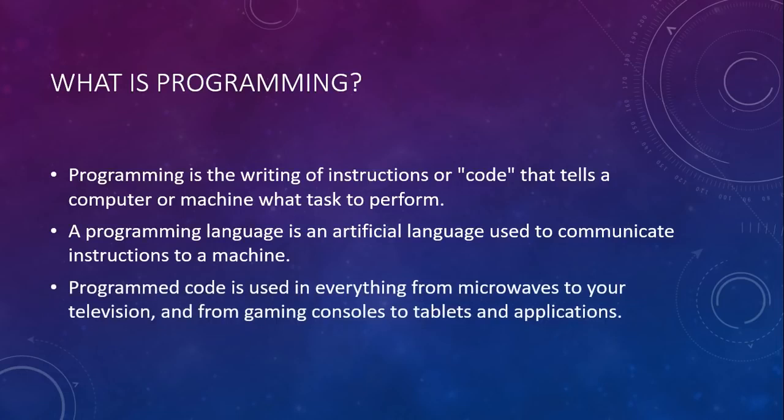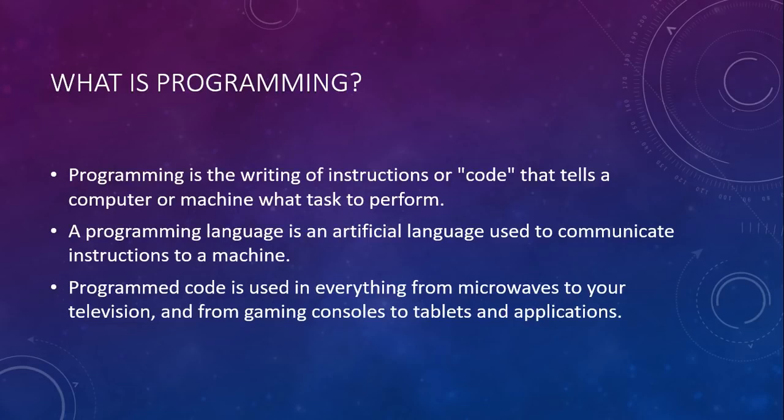Now, program code is used in everything from your microwave to your television, from gaming consoles like your Xbox, PS4, etc., to tablets and applications. So programming is very widespread. It's not simply limited to, hey, I'm a nerd, I'm going to write this cool website, or I'm going to make this cool app.